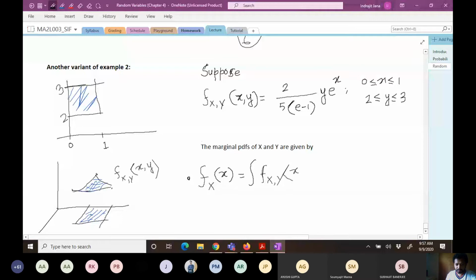Okay, so this is going to be integration, with y running from 2 to 3.